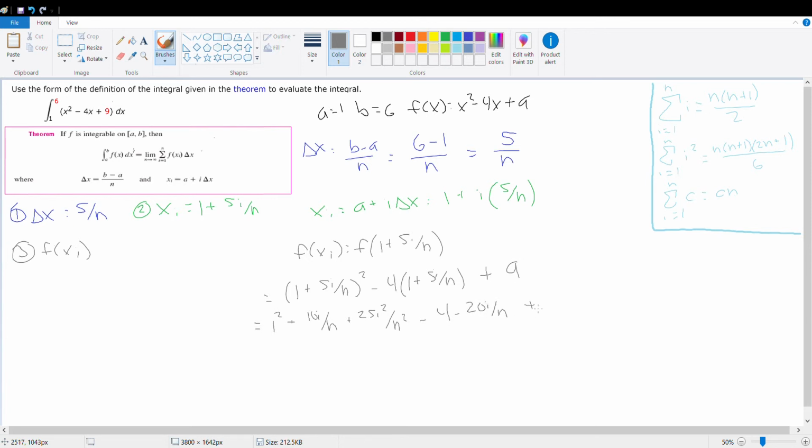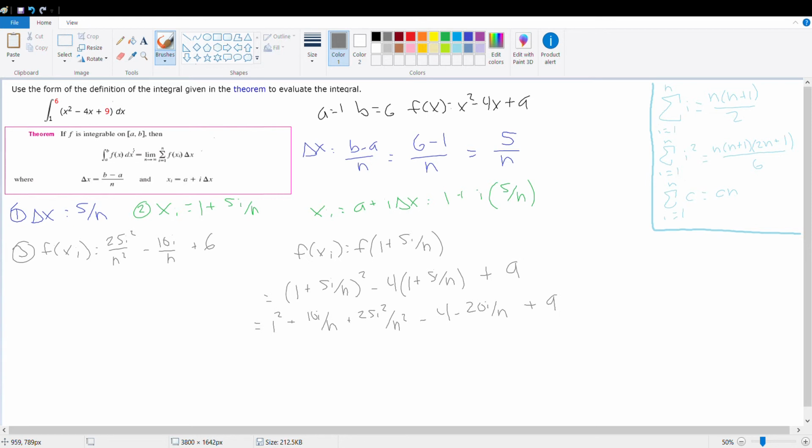And the 9 did absolutely nothing. It's just sitting in the back there. Okay, so when we rearrange a little bit, simplify, and combine like terms, we end up with 25i squared over n squared minus 10i over n, and 1 minus 4 plus 9 gives us positive 6.